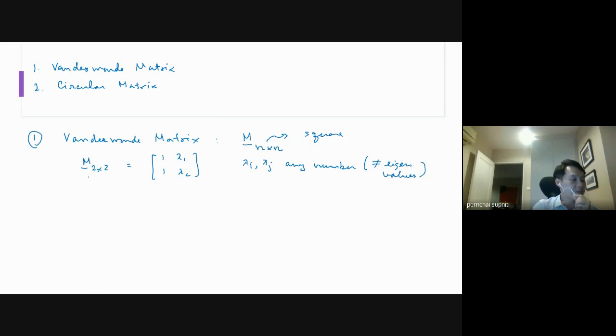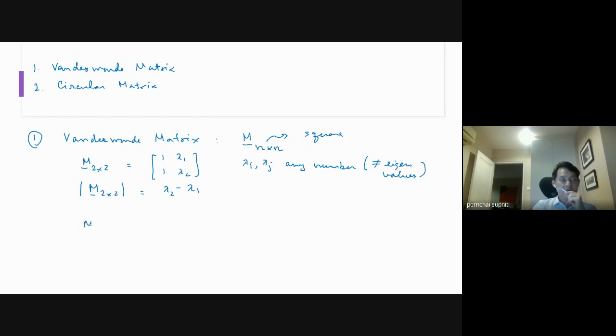So for this type of Vandermonde matrix, if we find the determinant, we will find that it is just 1 multiplied with lambda 2 minus 1 multiplied with lambda 1. So this is for the size 2 by 2.